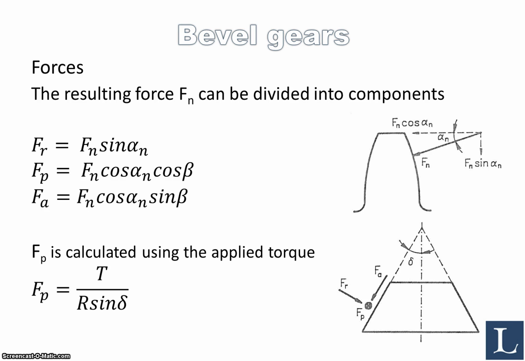Fp, the peripheral force, which is the force that is actually transmitting the torque or generated by the torque, is calculated using the applied torque to the system. So we have Fp and we have the torque that we apply to the gear, and R times sine of the pitch angle according to this figure.